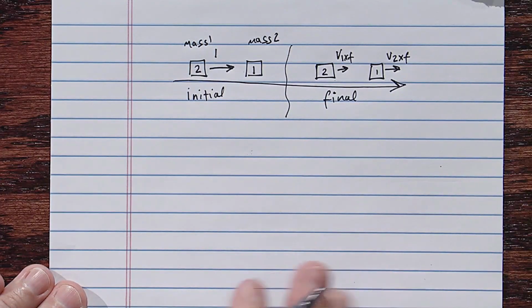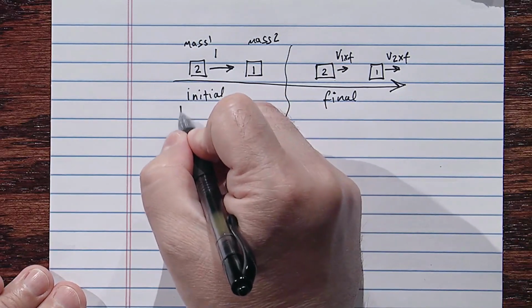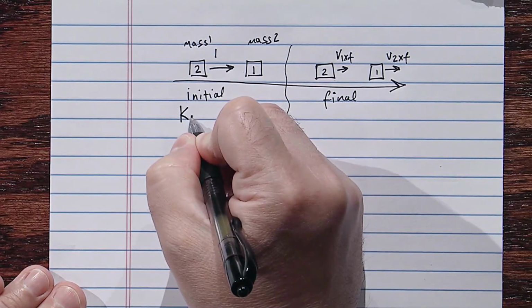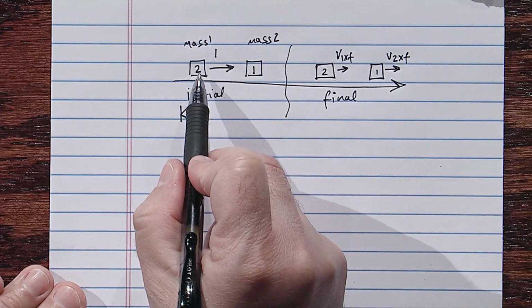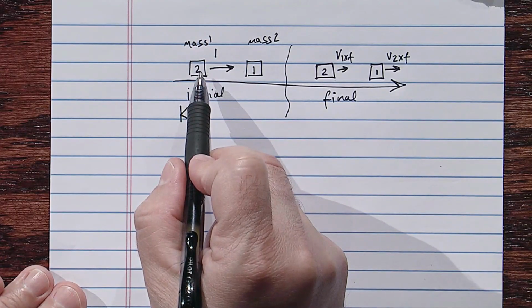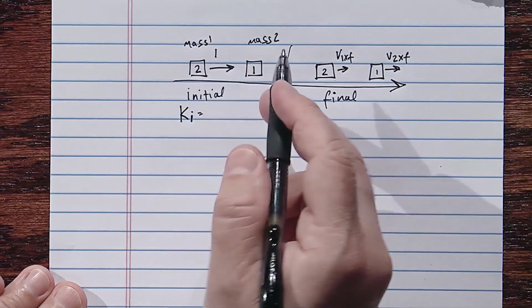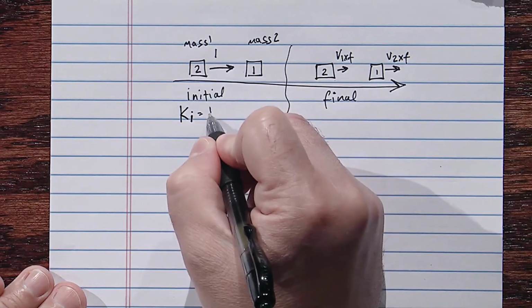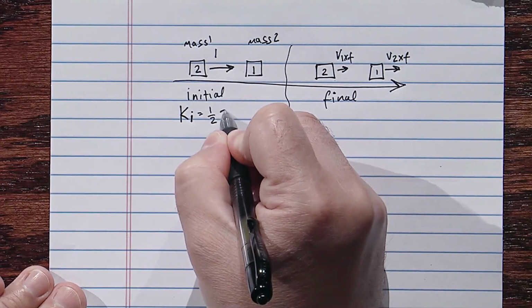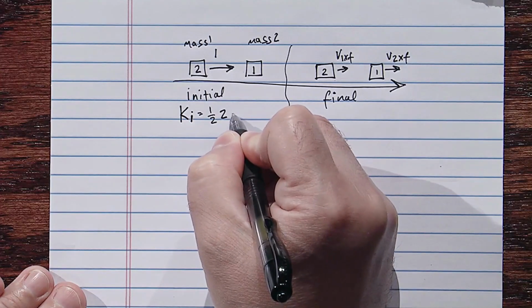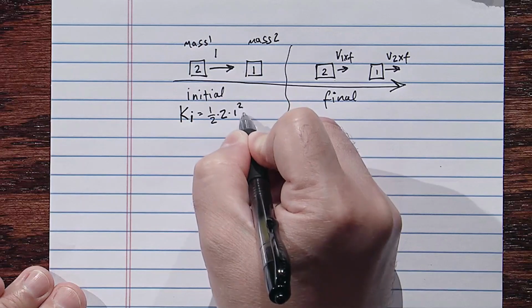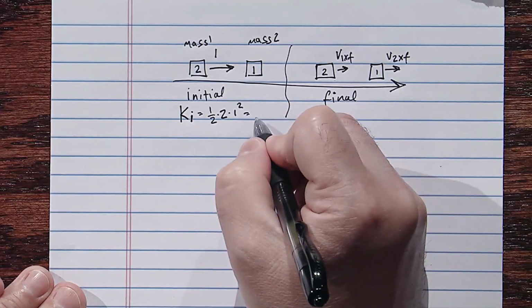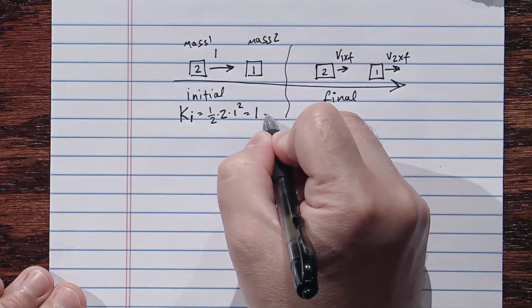Let's calculate our initial kinetic energy. K initial, it's all in the 2 kilogram mass. Remember that kinetic energy is 1/2 mv squared. So that'd be 1/2 times mass of 2 times v1 squared, which gives us a kinetic energy of 1 joule.